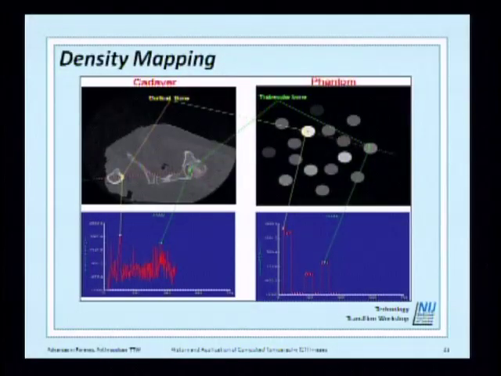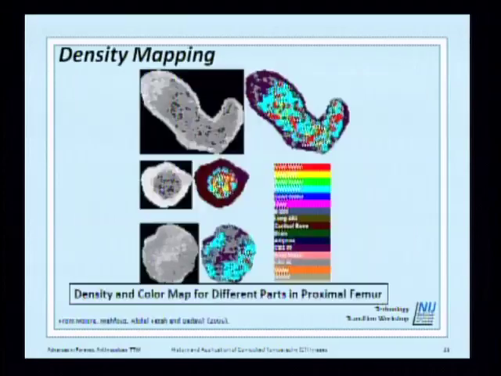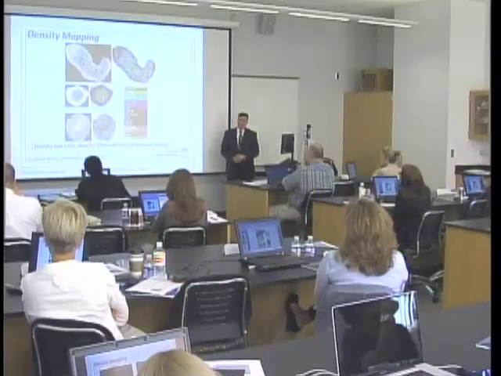So we knew exactly, because we know the configuration of the Phantom, where the trabecular bone and the cortical bone are. And basically, we mapped the density. We know the density of these materials, and we mapped it back into the scan, and we had a density map. This work was also important for implant design, when they want to see how the stem will interact with different tissues.